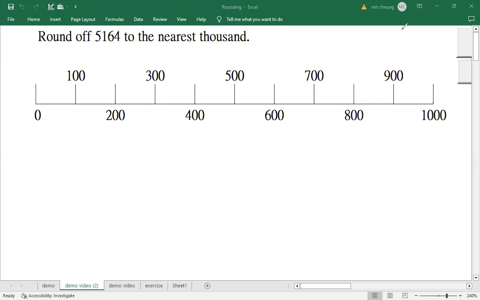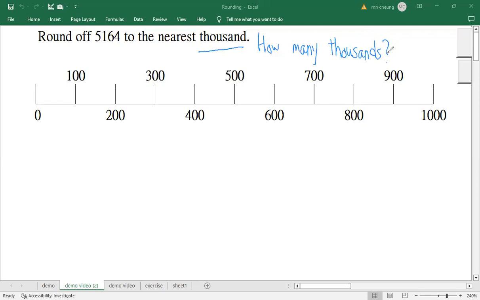Now, this example, round off a 4-digit number, 5,164 to the nearest thousand. To round off the number to the nearest thousand, it means we want to find out how many thousands this number is roughly equal to. How many thousands?